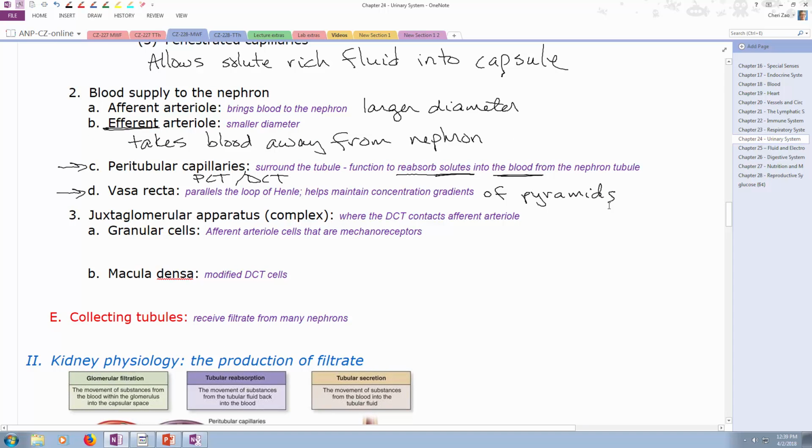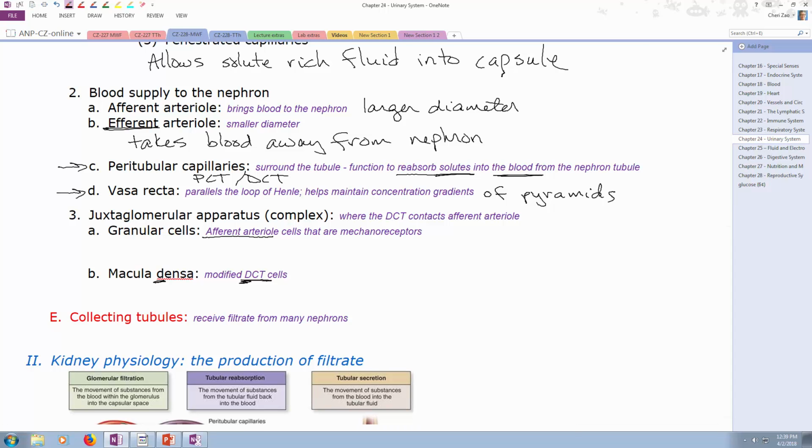Granular cells are part of the afferent arteriole, and macula densa cells are part of the distal convoluted tubule. So you have to memorize granular cells, afferent arteriole, macula densa, distal convoluted tubule. Maybe the D for macula densa will help you to remember the D for distal convoluted tubule.